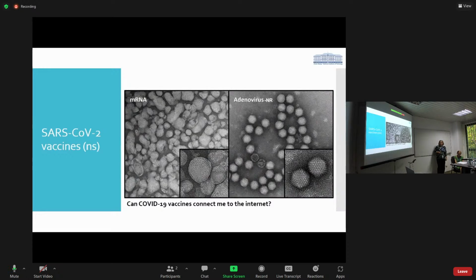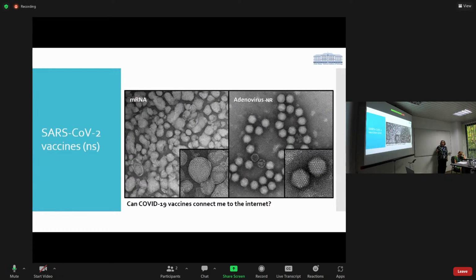We had a vaccine quite quickly for SARS-CoV-2, and we did a negative stain for the two types of vaccines available today. The classic one with adenovirus, very nice particles visible in this image, and the new type with synthetic RNA in a lipidic shell.